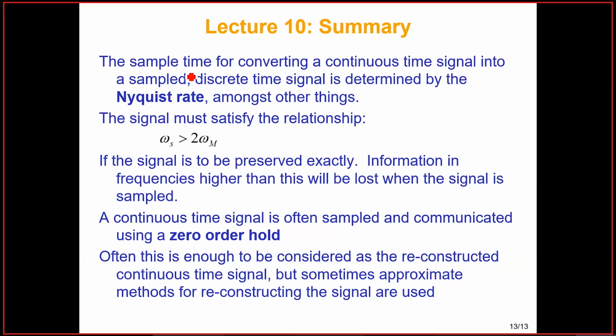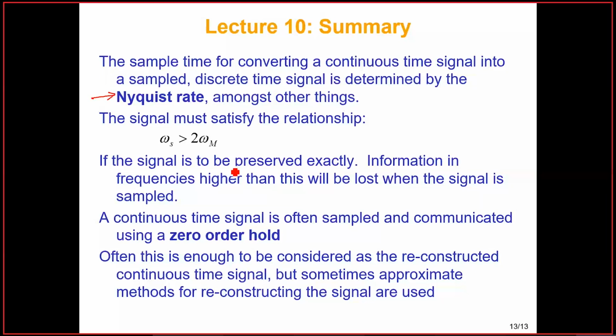Next, we also saw what is the appropriate sampling time period and what is the minimum possible sampling rate, which is known as the Nyquist rate. And that sampling formula, sampling theorem, we came up with this, and this was given to us by Nyquist.